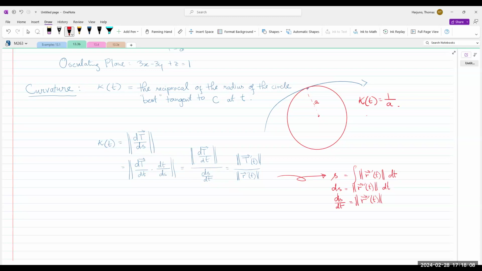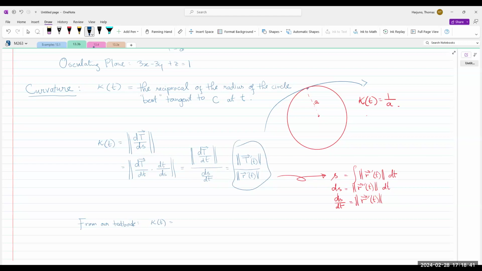Now I think this formula is a lot more useful. I will not derive this formula, but you can take a look in the book. From our textbook, we have that the curvature of t is this, and this formula is already very applicable.